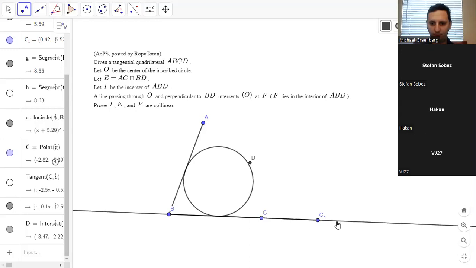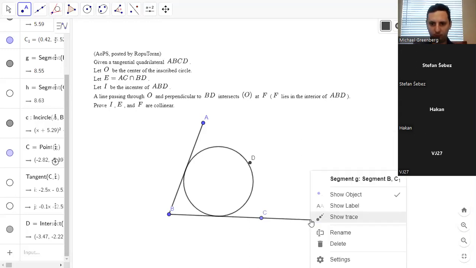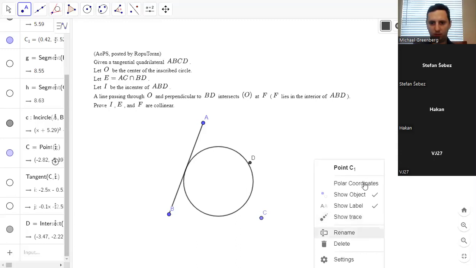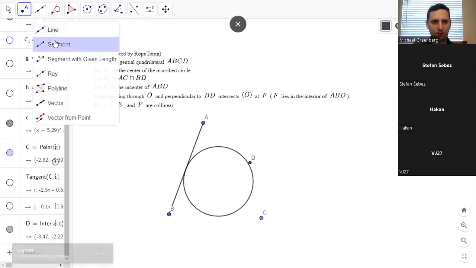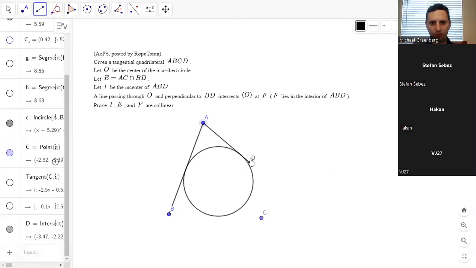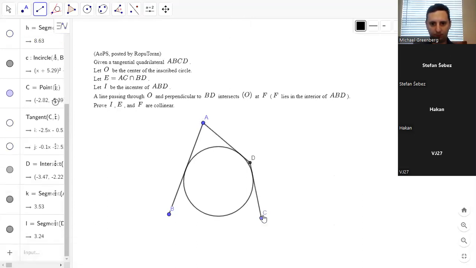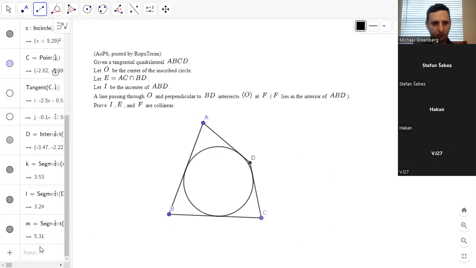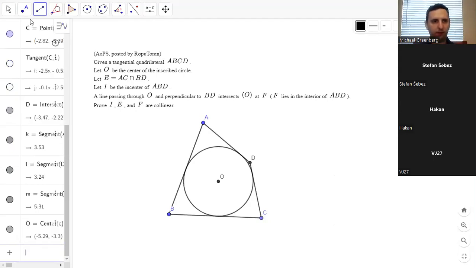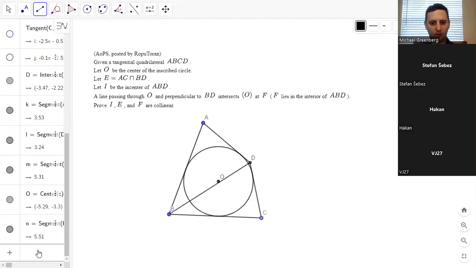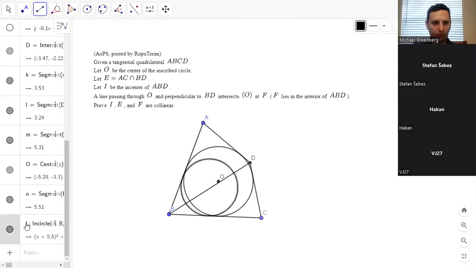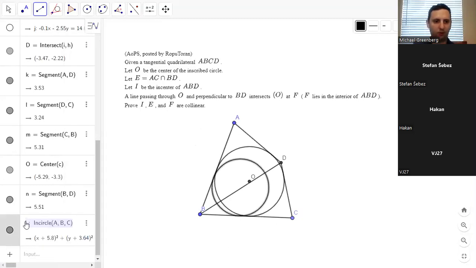All right. And so O is the center of the circle, and I is the incenter of ABD. First, I'm going to draw the in... Well, I want I to be the incenter, not the incircle.